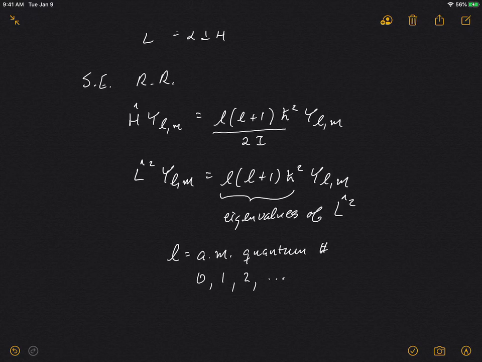And of course, we can check this by actually acting the L squared operator, in terms of the various derivatives, on the various spherical harmonic functions, only a few of which we've shown, but we can look up other ones. And as in the case of the Hermite polynomials for the harmonic oscillator, there's a recursion relation. Once you have a couple of the Y_lms, you can generate all the other ones from the ones that you already have.